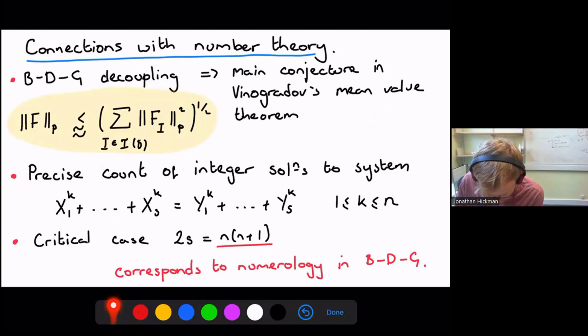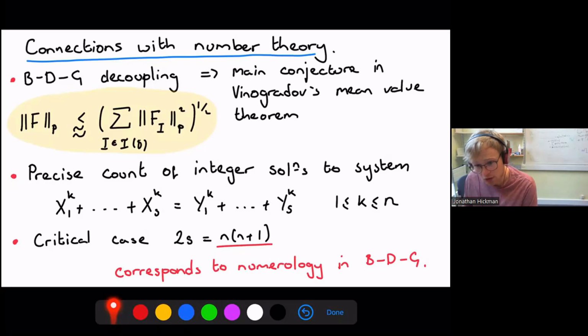This Bourgain-Demeter-Guth decoupling inequality quite directly implies what's known as the main conjecture in Vinogradov's mean value theorem. This main conjecture involves counting integer solutions to a system of power sums. So this is a question in Diophantine equations.